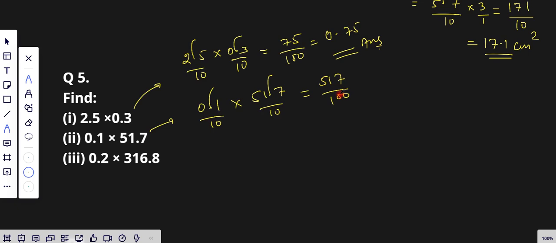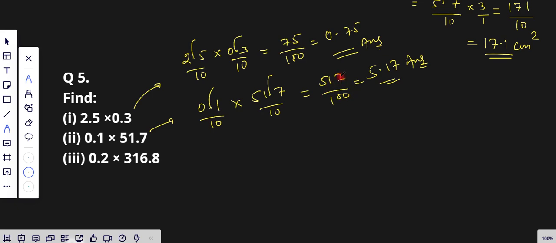Now you have 100 in the denominator, so put a decimal after 5, or you can write before 1, 5.17. You need to count the digits from the extreme right-hand side. Like you have 100, that means 2 zeros, so you need to put a decimal before two digits from the extreme right-hand side.